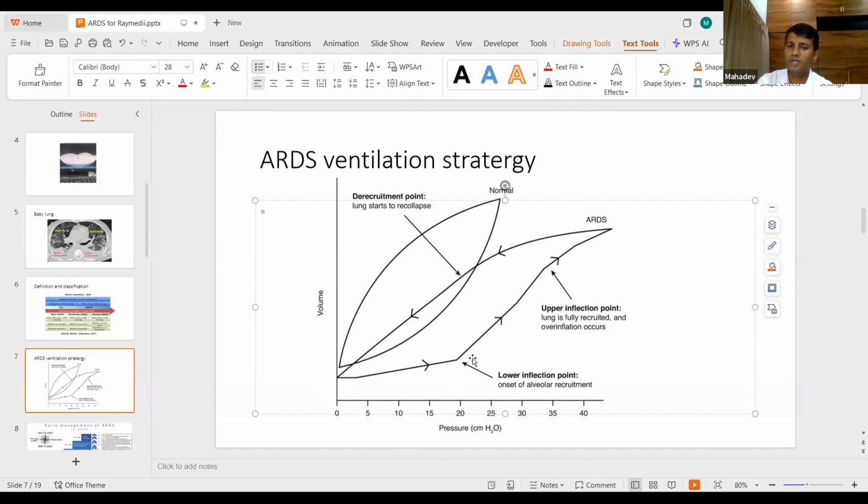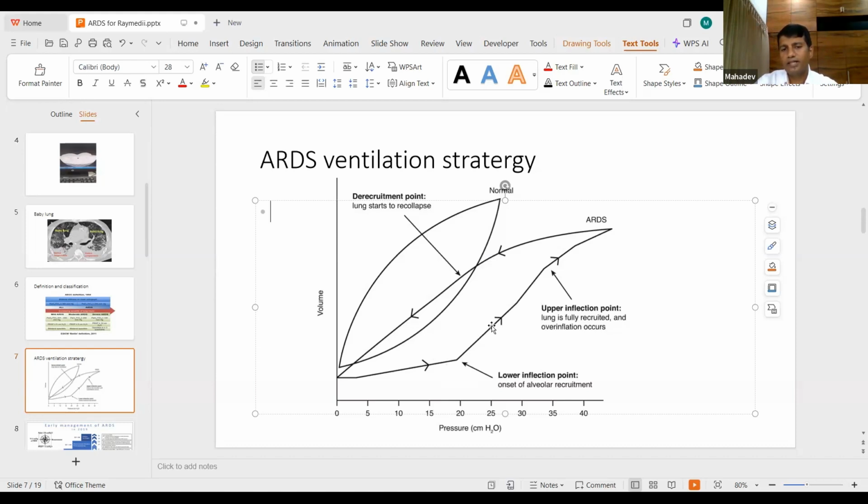We need to apply pressures above the lower inflection point, typically around 2 centimeters of water more. This is more theoretical and very hard to detect in a practical situation, but sometimes when you reduce the PEEP, you can appreciate this and keep the PEEP little high to ventilate.